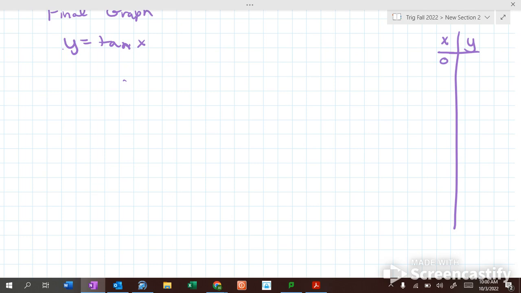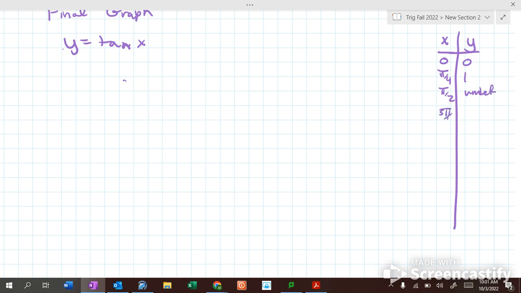Y over x. 0 over 1 is 0. What's the tangent of pi over 4? 1. What's the tangent of pi over 2? 1 over 0 is 1 divided by 0. Undefined.